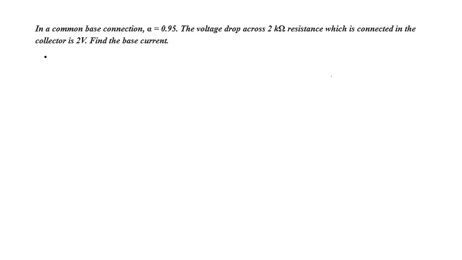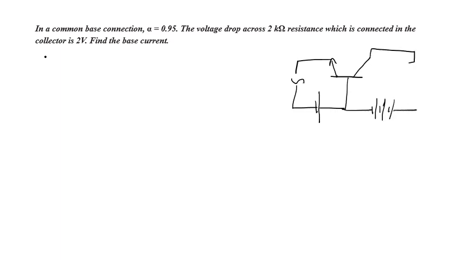For a common base connection, you have base, and then you have emitter, then you have collector. So in the collector, here we have the signal. Then you have the power supply. Then between the collector and the emitter base, you have another power supply, and what is given is a 2 kilo ohm resistance connected at the output.